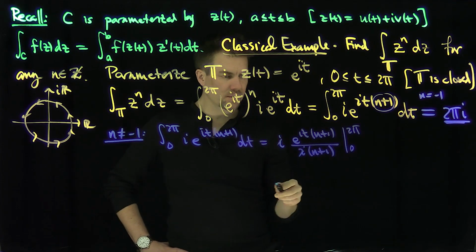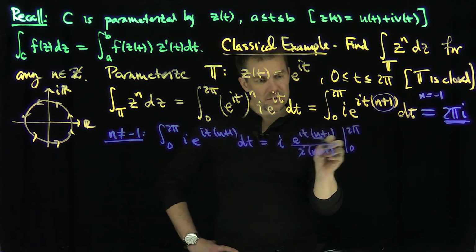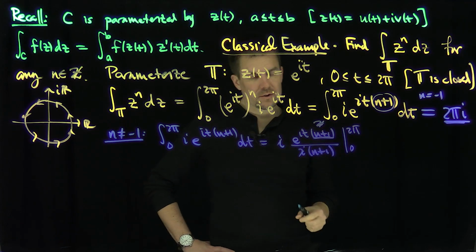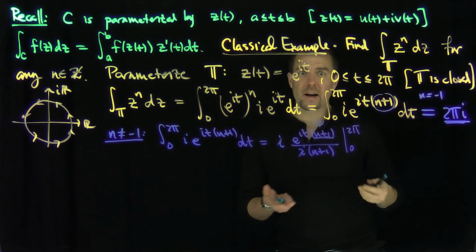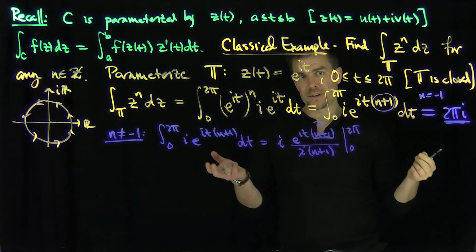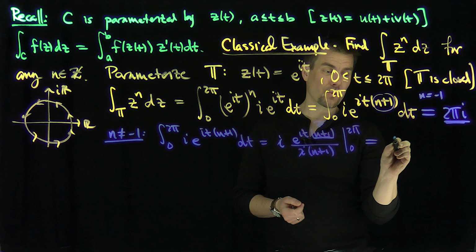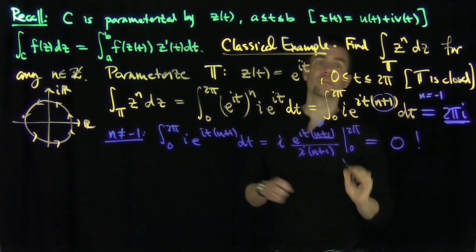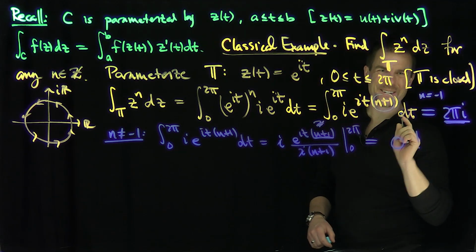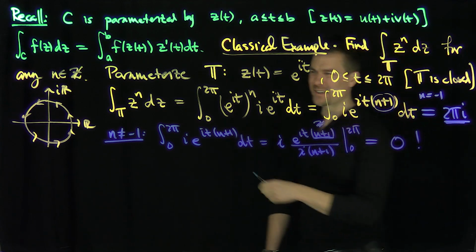The i's cancel out. But this is an integer now. So I have e to the i integer t. e to the i integer t is cosine of an integer t plus i sine of an integer t. Those functions are 2 pi periodic, right? So this is 0. Remarkable. Not 0 factorial. 0 factorial is 1. But 0. So this thing integrates to 0.